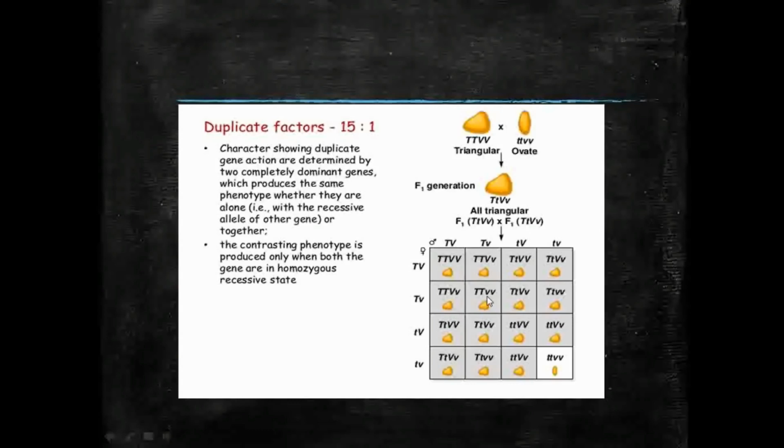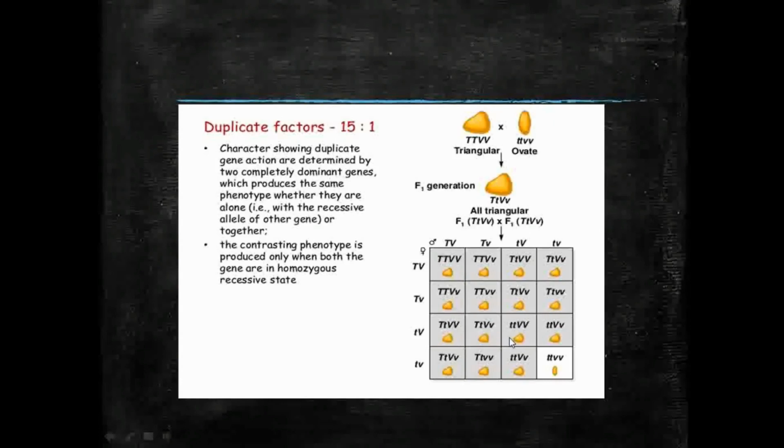Here there is capital T and small v, but even though one is present in the recessive form, as the dominant form of gene is present here, that is capital T, it is also going to show the same effect, that is triangular shaped fruit. Here also capital T is there and capital V is there, definitely it will show the same. This case also the same, this case also the same.